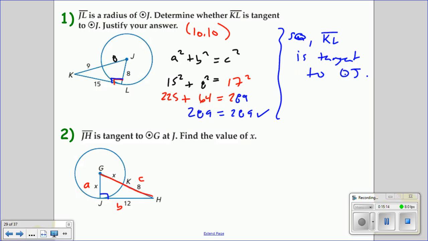So that adds an extra level of difficulty. So brace yourselves, but it can be done. So again, it's a squared plus b squared equals c squared. If a is x, that means it's x squared plus 12 squared is equal to x plus 8 squared.